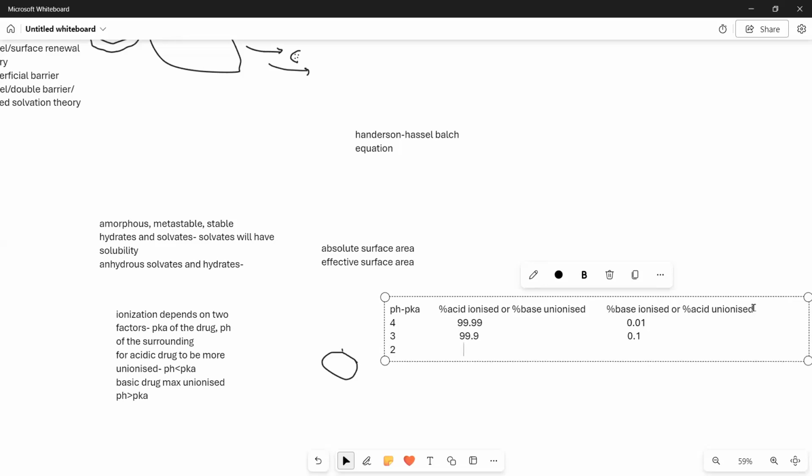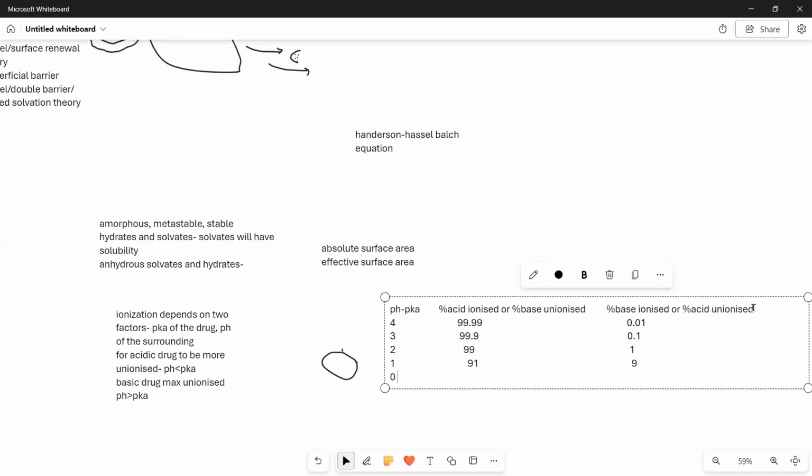The difference is 1. This table is very important for you guys. There may be conceptual questions or calculations where they will provide you the pK of the drug and pH of the solution, and you have to determine the percentages. This is important, guys.